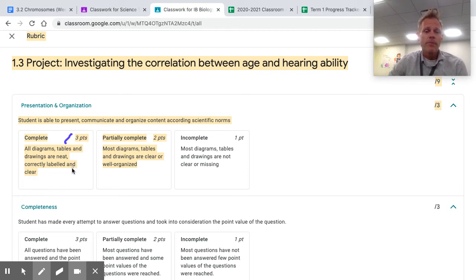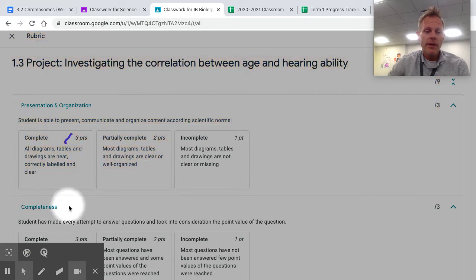In order to get a 3 out of 3, all your diagrams, tables, and graphs, which I sometimes ask you to draw in your pod or in this project, need to be neat, correctly labeled, and also easy to read. If you do those 3 things, you get 3 out of 3.